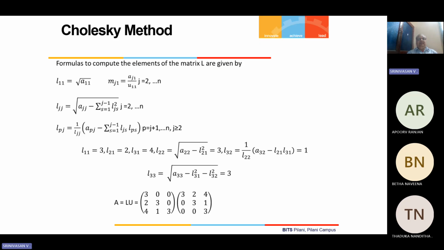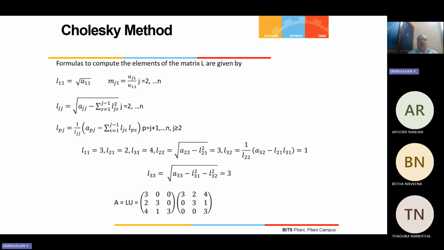Next, L33 in the same fashion here. But here you are having two subtractions. Why? You just see that. L33 is A33 minus L31 square, S starts from 1, plus. Now you can think of summation plus, because you can think of now increasing S to 2.